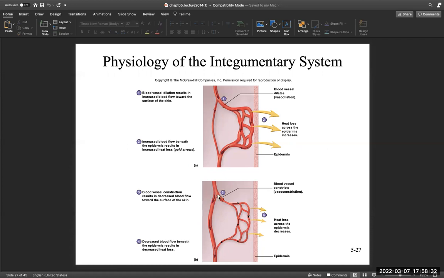The cost is this. If I maintain this vasoconstriction for a long period of time, let's say my nose is exposed to the elements and it's been 0 degrees for the last few hours that I've been outside, the body is going to vasoconstrict the blood vessels near the surface of my nose.